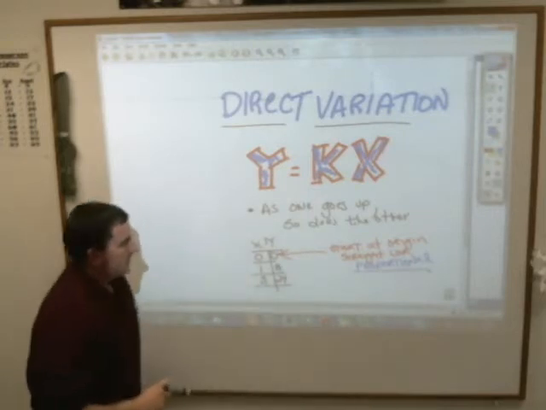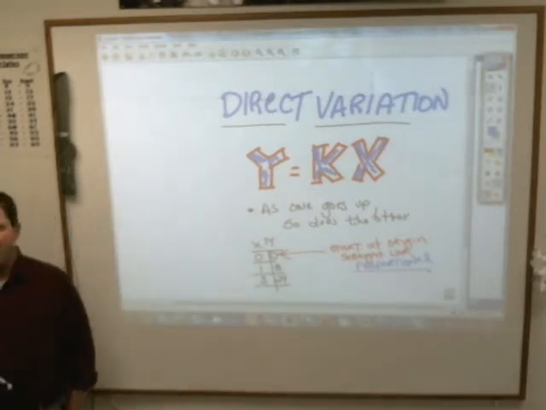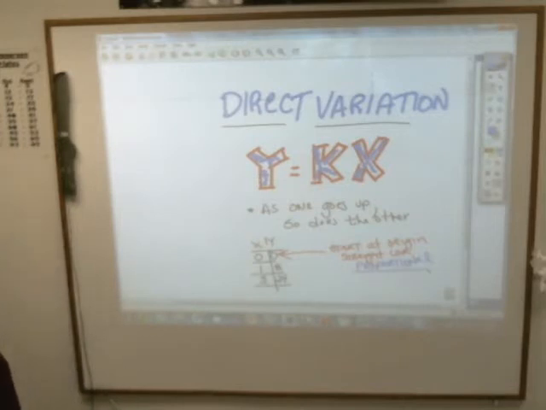Now think about it. What would be an example? Indirect variation is the opposite, which means as something goes up, the other thing goes down. Can you think of something that's indirect variation? The more you eat, the less food you have. That actually would be true. Any other examples?